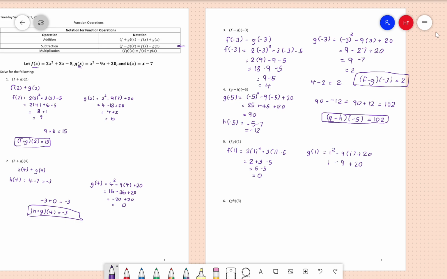Negative 8 plus 20 is 12. So then the question's asking for f of 1 times g of 1, which is 0 times 12, which is 0. So fg of 1 is 0.